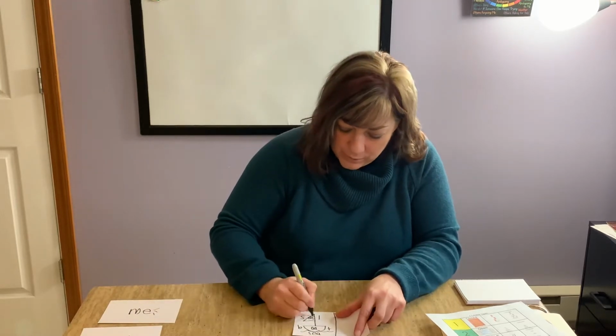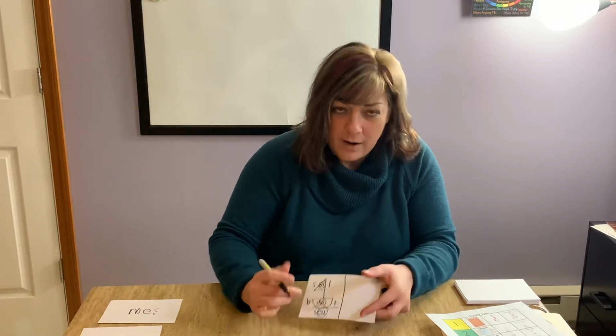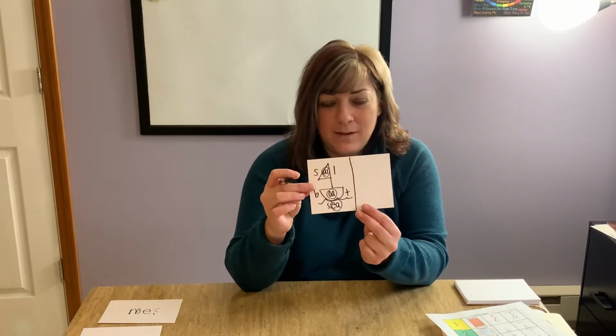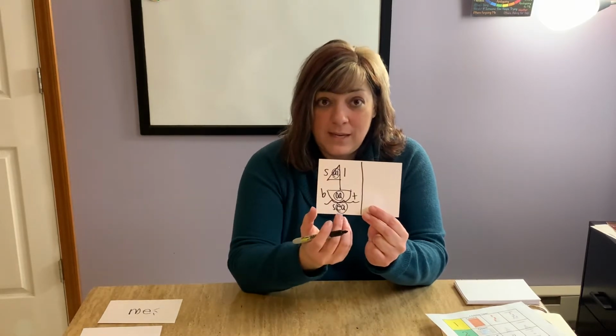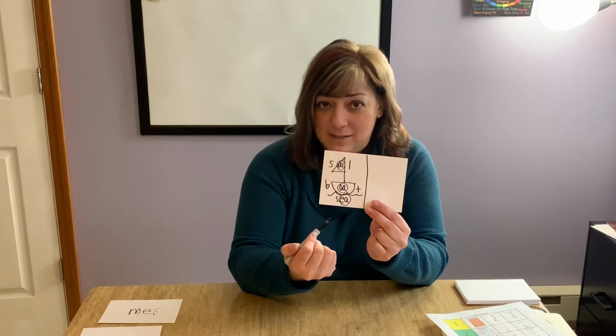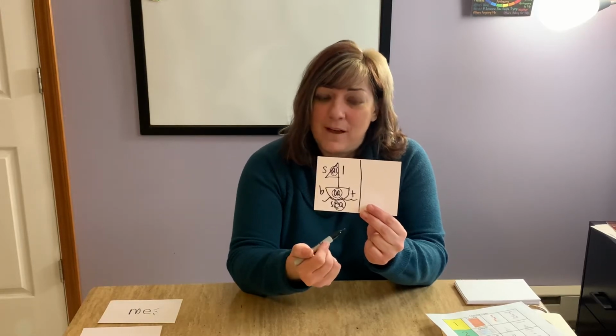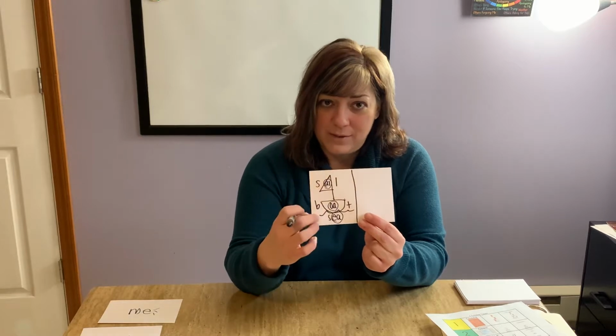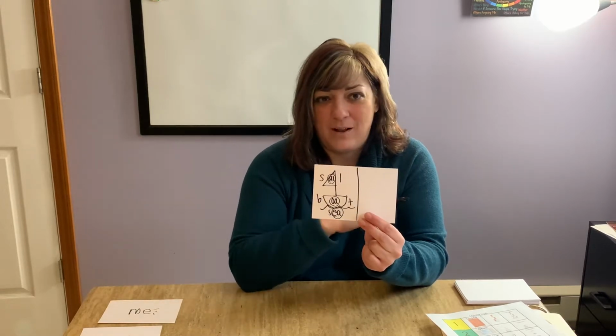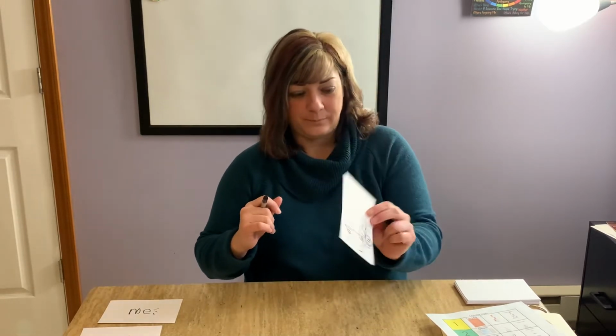So these 2 vowels are side by side, they're a team, they work together, and in these, the first vowel says its long sound, and the second vowel doesn't say anything at all. So we call these the 2 vowels go walking, or the sailboat on the sea vowel teams.